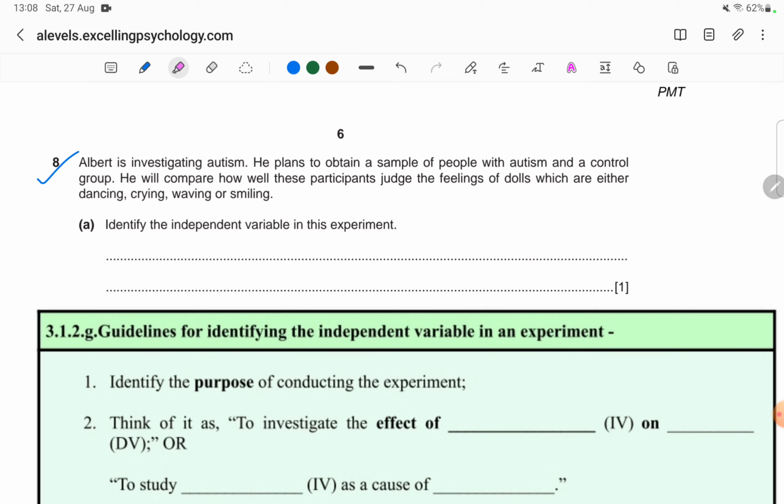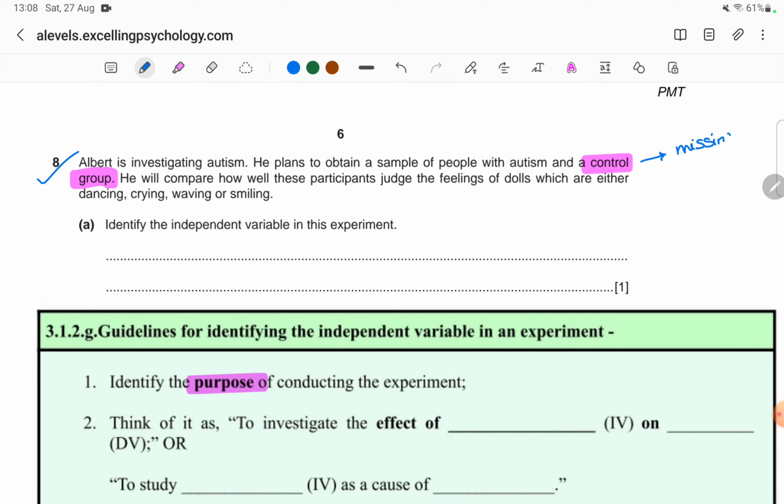Okay, first I ask myself, what is the purpose of Albert conducting his study? So I understand that Albert wants to study whether people who are autistic will be able to judge the feelings of dolls better, or whether people who are in a control group. Control group, as you learn in your syllabus further, is simply that group which is missing something.